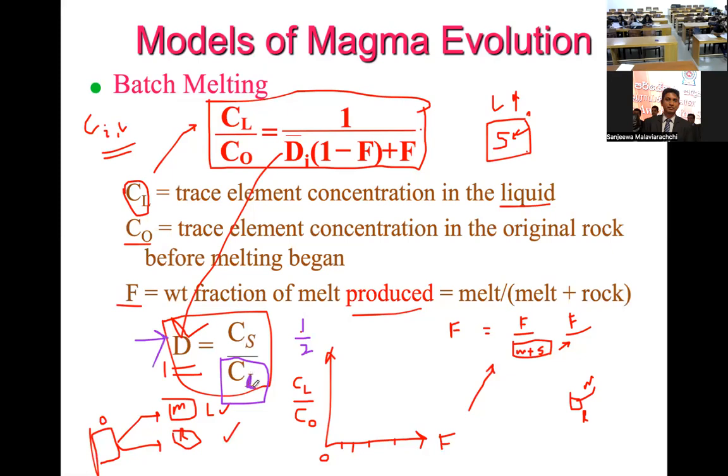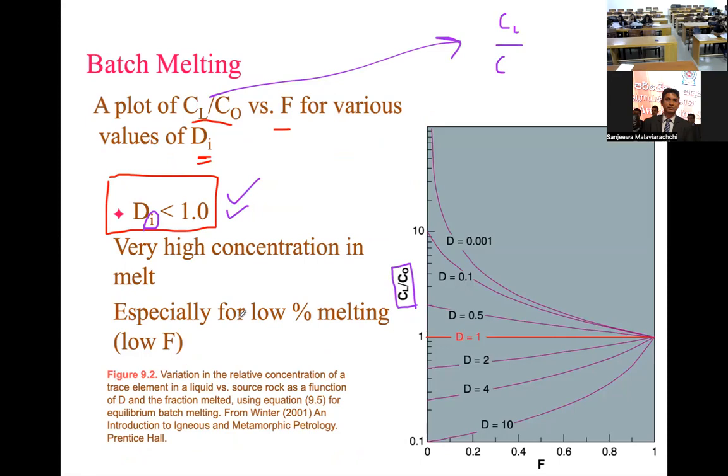So the liquid composition should be high, and in that case you get a D value lower than 1. That means it has a big preference for the liquid. So in the produced melt, in the liquid phase, this element should be in a higher amount. Therefore, this overall ratio will be giving high values.